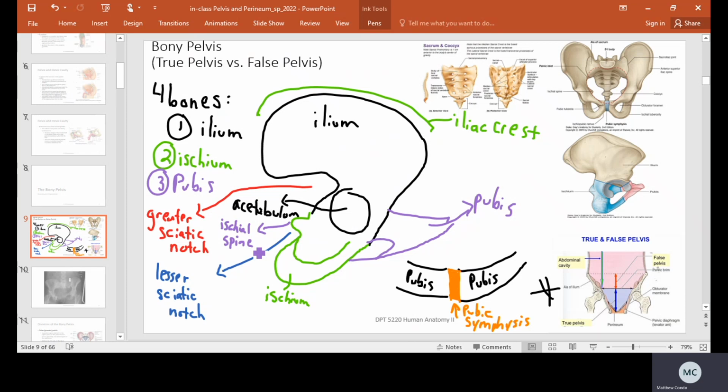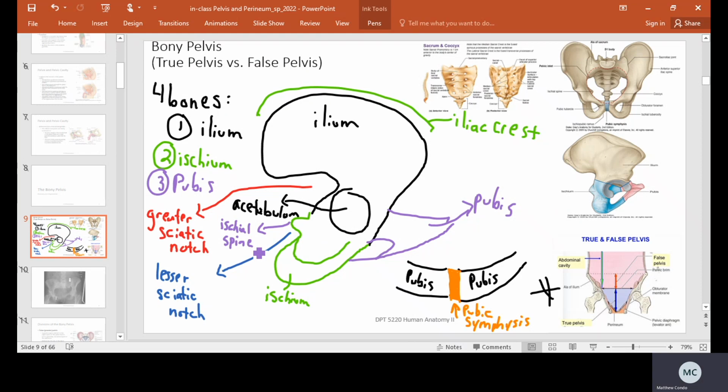Now, the reason I want to bring up a lot of these little protuberances and landmarks is because we're going to have a lot of different ligaments that are going to end up creating a lot of spaces and a lot of different holes for different structures to pass through, all named based on what structures they attach to each other.